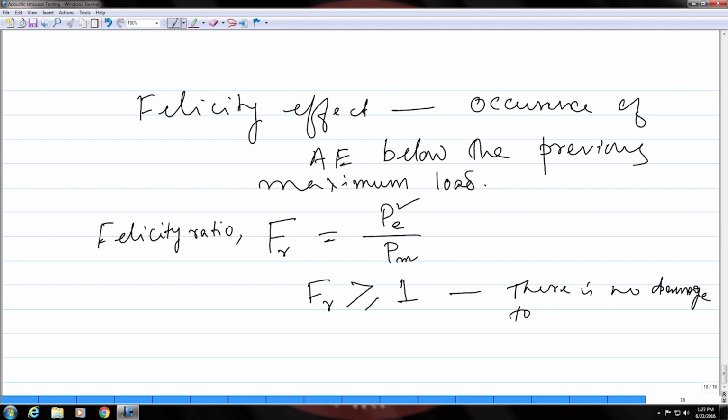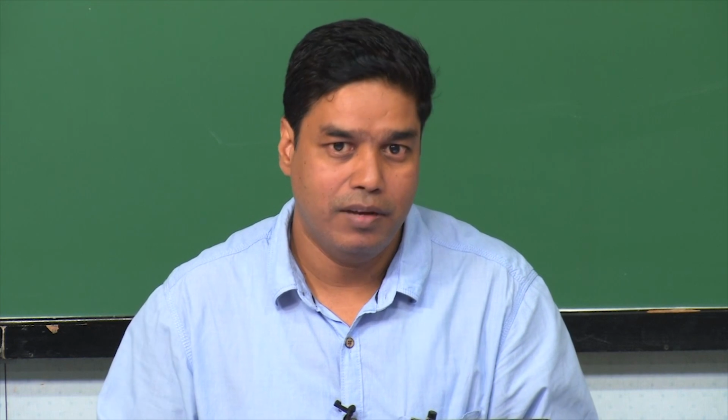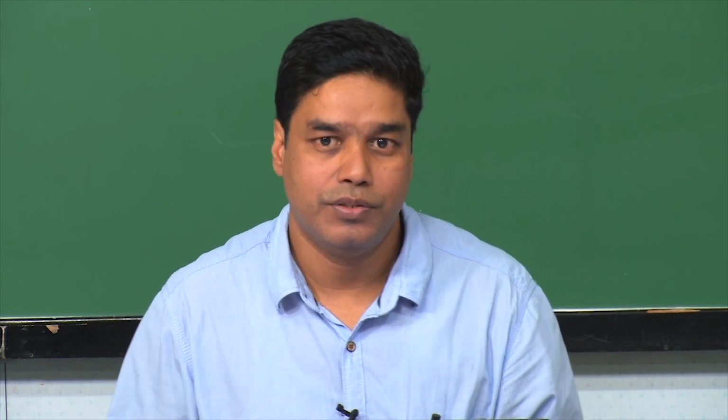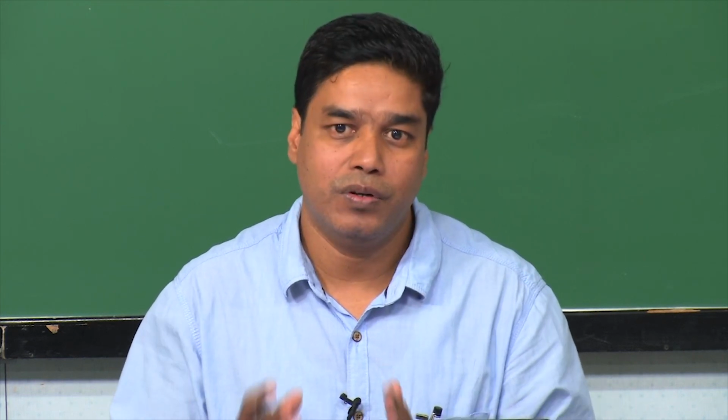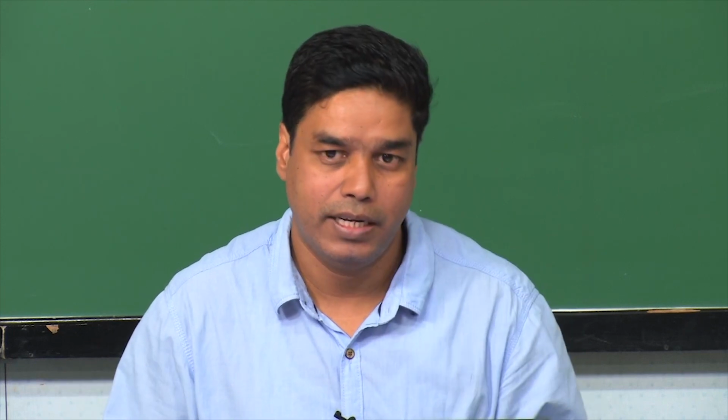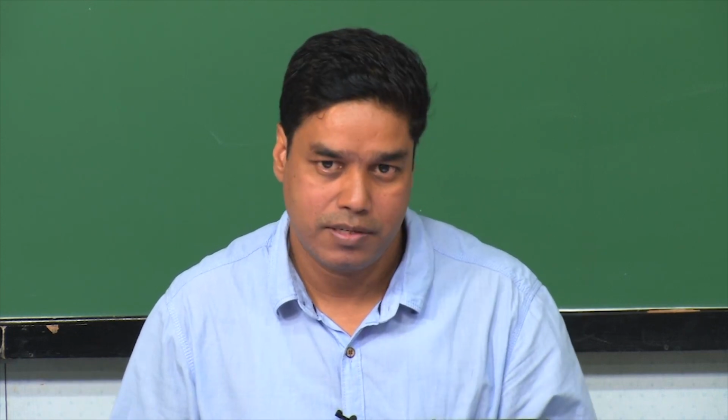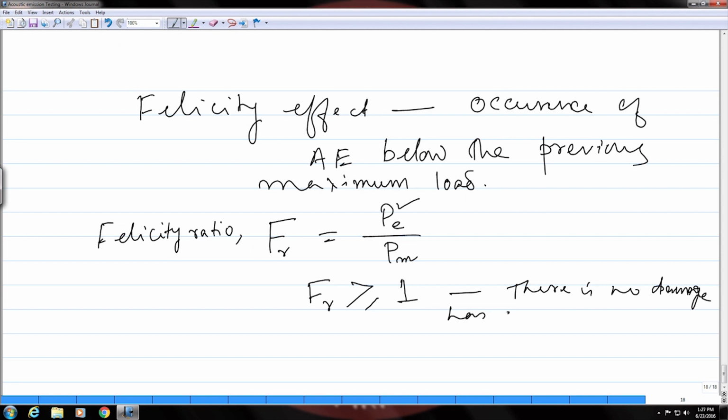So, when you are doing the inspection during that interval, if you find that the Felicity ratio is greater than 1, then you know that during that particular interval there is no damage to the structure since the last inspection. Okay.